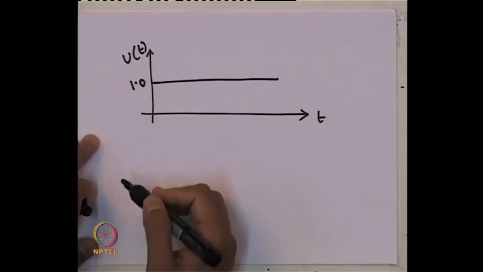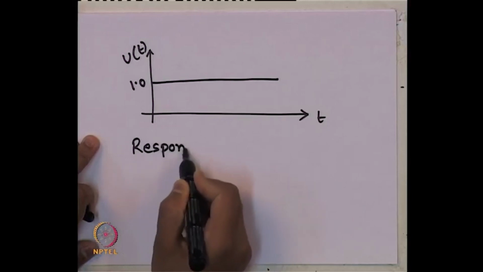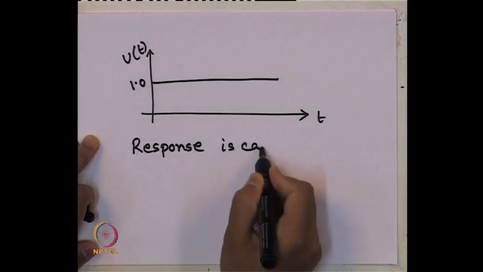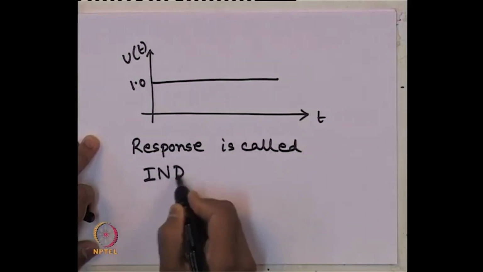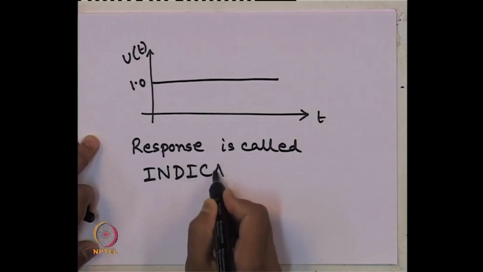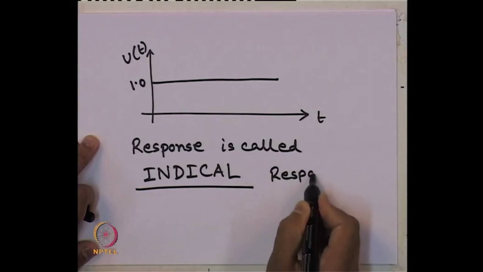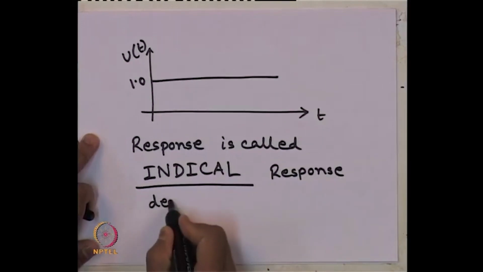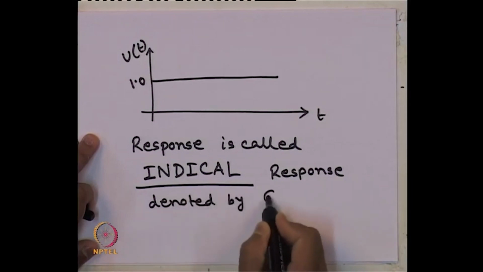In that case, the response we get is called indicial response, and mathematically it is denoted by g of t.